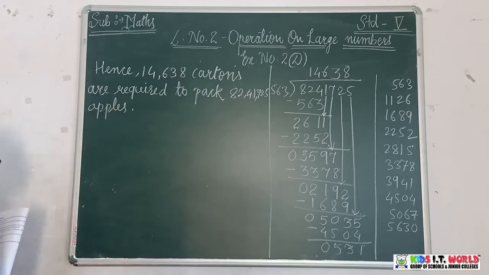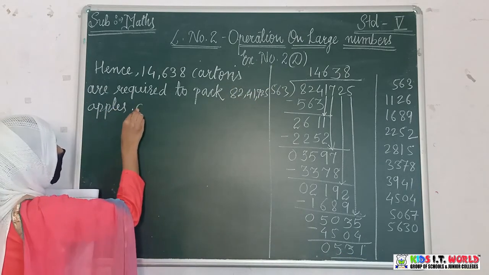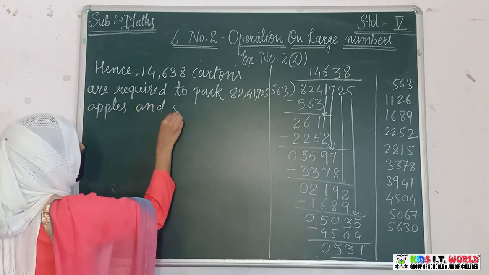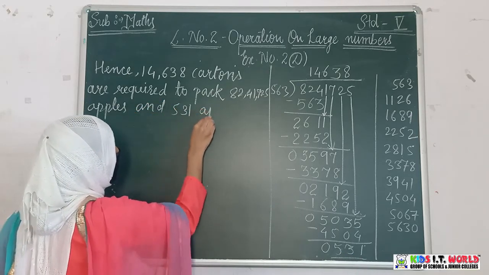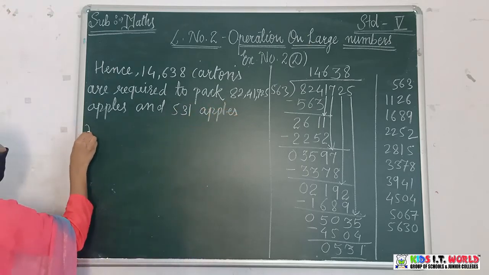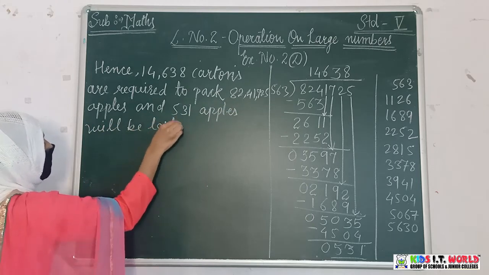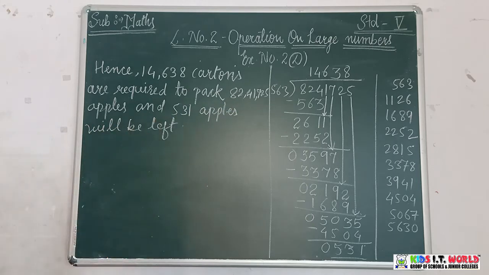And how many apples were left? Our remainder is the answer of that. So, 531 apples will be left. In this way, you have to solve the word problems.